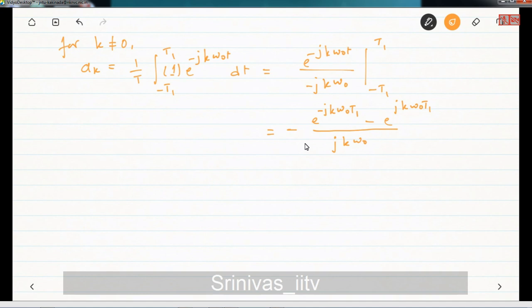I just substituted the limits, and then this simply becomes 2j sine k omega naught t1 divided by j k omega naught.